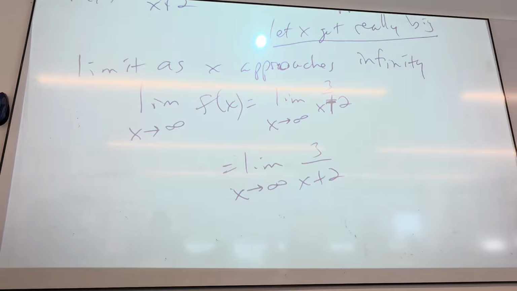Put 1 billion in, you get 3 divided by 1,000,002, yes? What is happening to our outputs? Smaller. You get 3 divided by 12, and then 3 divided by 1,002, and then 3 divided by 1,000,002. They're getting smaller, yes?